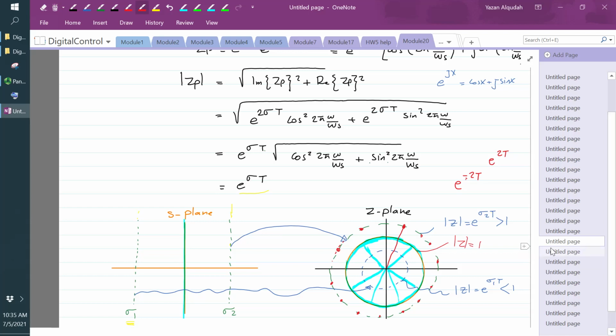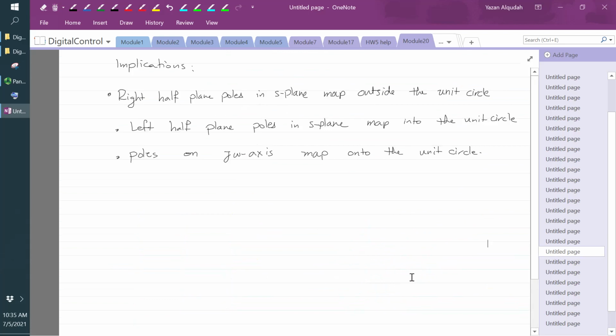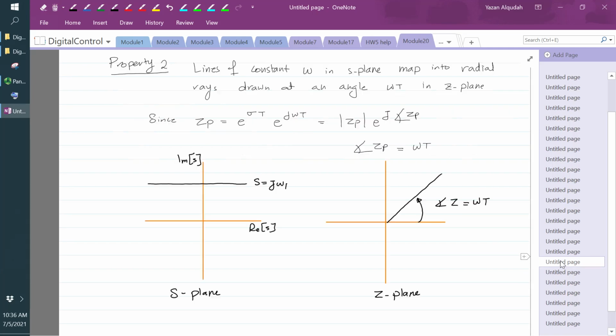So the right half plane poles in the S domain map outside the unit circle. Left half plane poles in the S domain map inside the unit circle. Poles that are on the j omega axis map onto the unit circle.